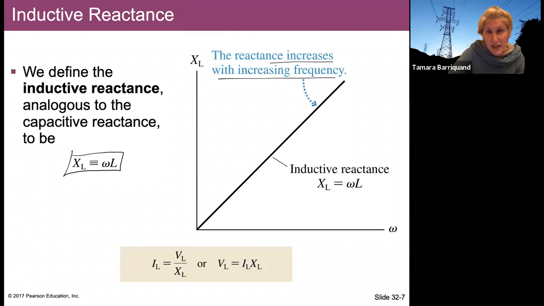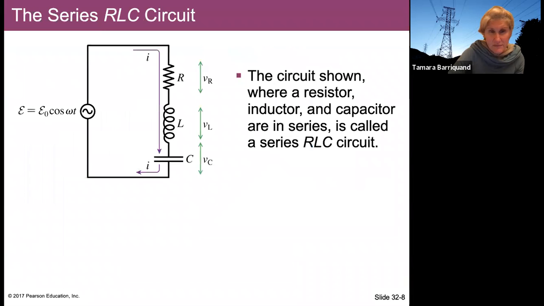So let's now look at what we get when we have an RLC circuit. In this circuit shown, we have a resistor, an inductor, and a capacitor. They're all in series. This is called an RLC circuit.